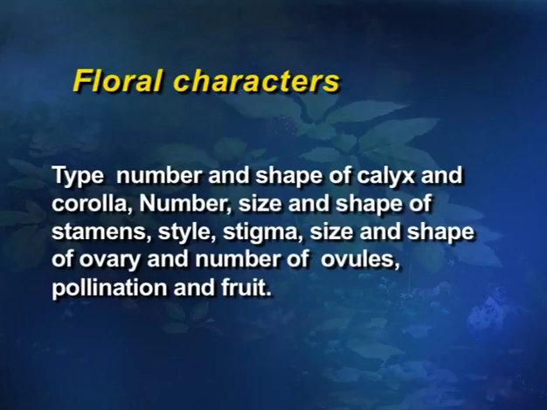Number, size, shape of the stamens, then style, stigma, shape of the ovary, number of ovules, type of pollination and type of fruit. These all come under floral parts, and these floral parts will differ from one plant to the other plant in size, shape, structure, color, texture. So, these will be the key characters of every plant.